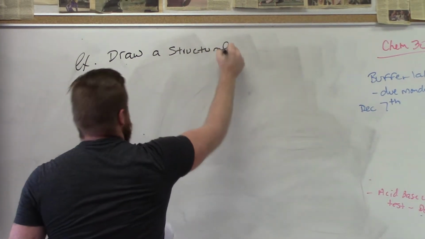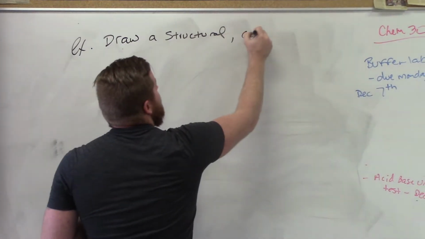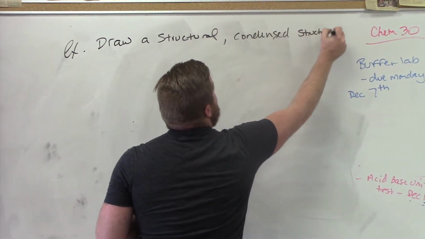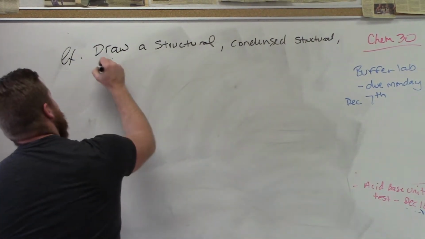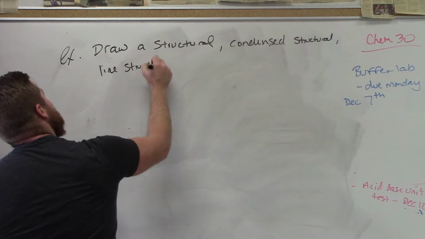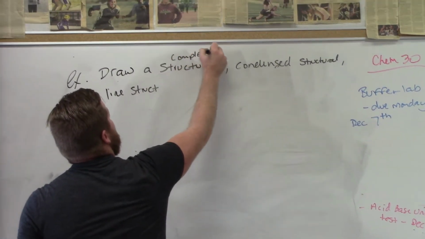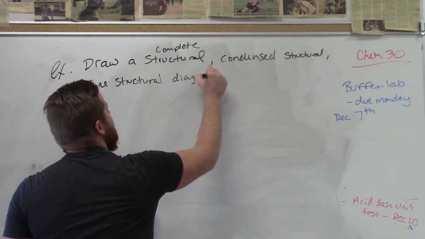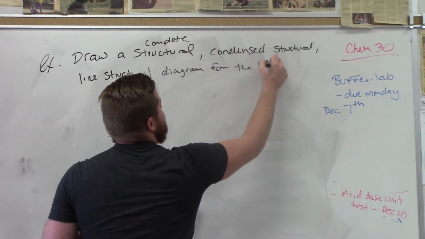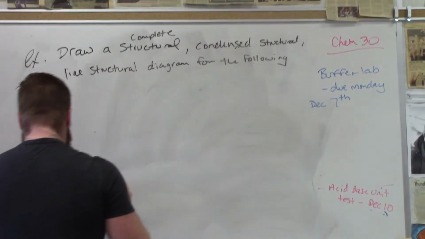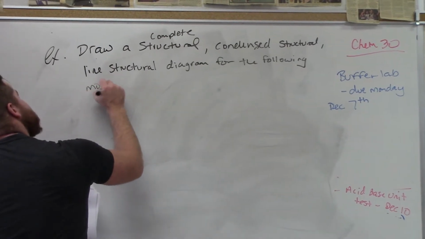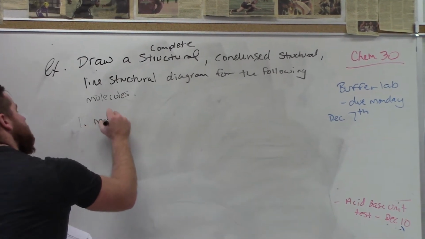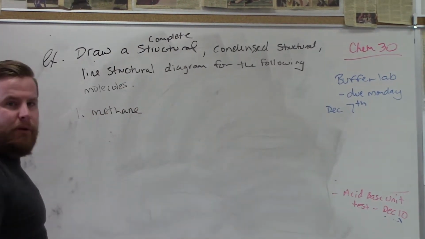Draw a structural, condensed structural, line structural. So this would be complete structural. Condensed structural and line structural diagram for the following molecules. One is methane. All right, so let's do this one first.